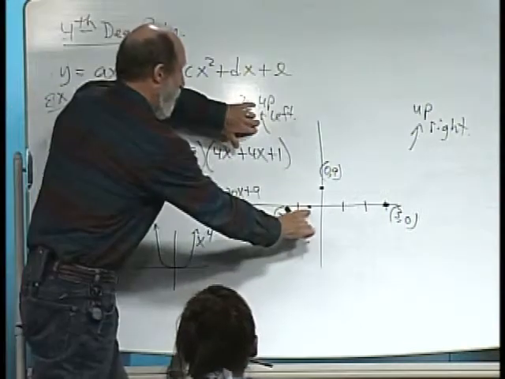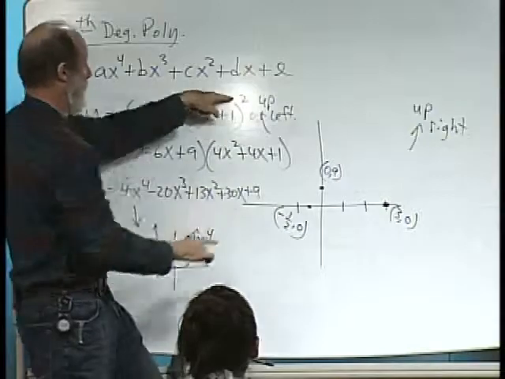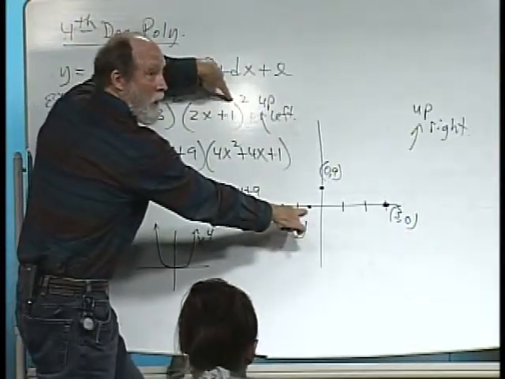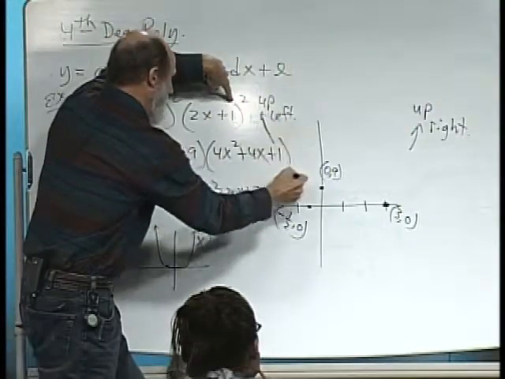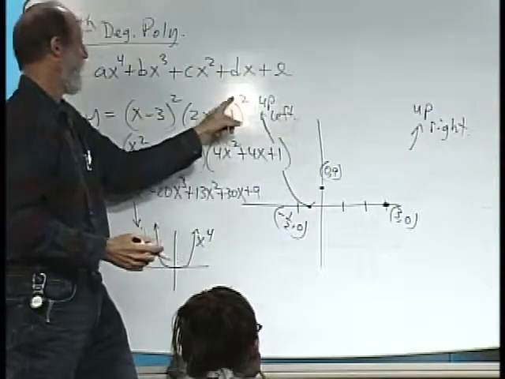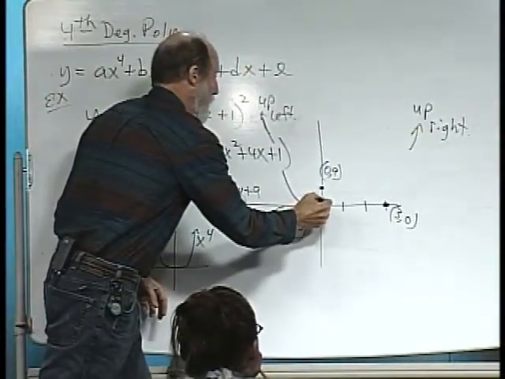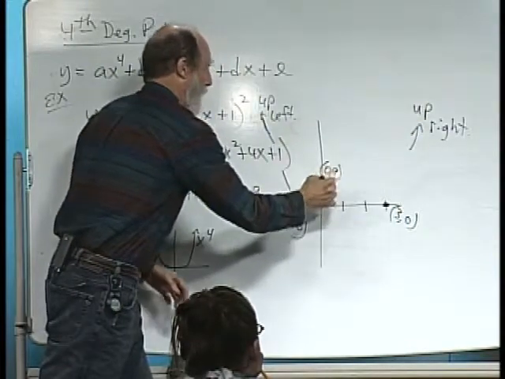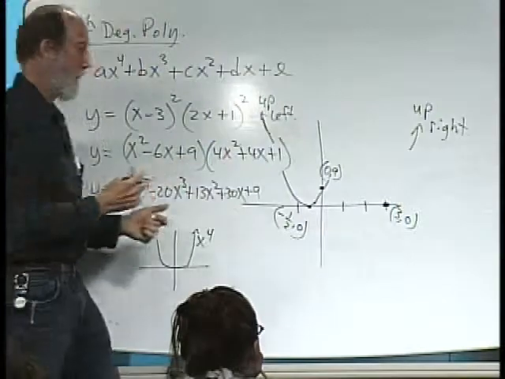Comes down to this 0, and what happens? It bounces. Boing, boing, right? Bounces off. So it comes down here, bounces off here at this 0 because of the even power on the factor. Comes up through 0, 9. I don't know where it's going. Might go way up. But then what has to happen?